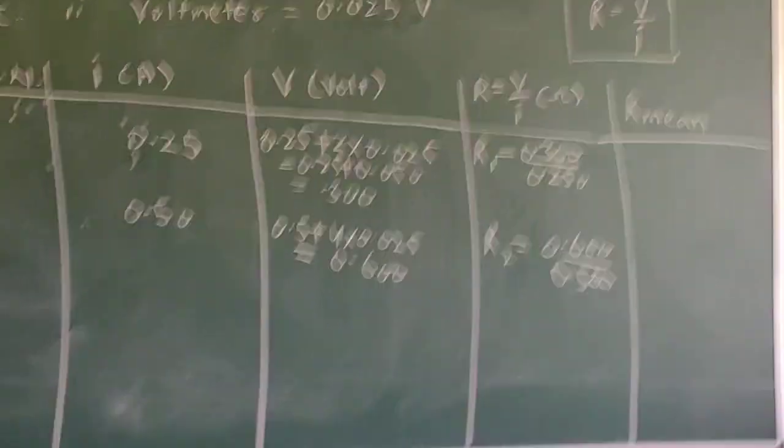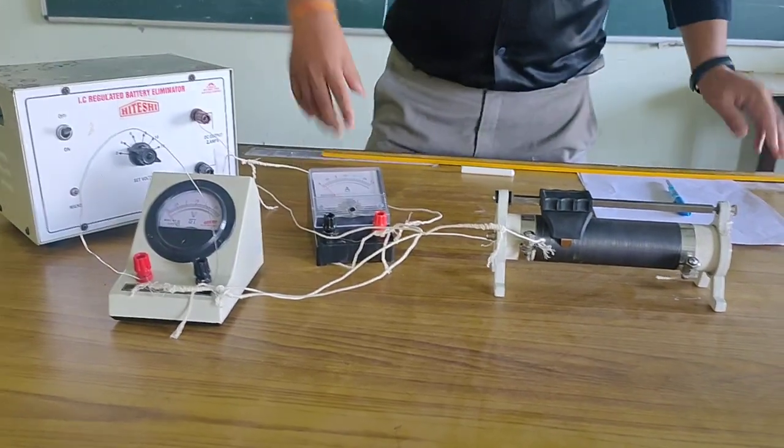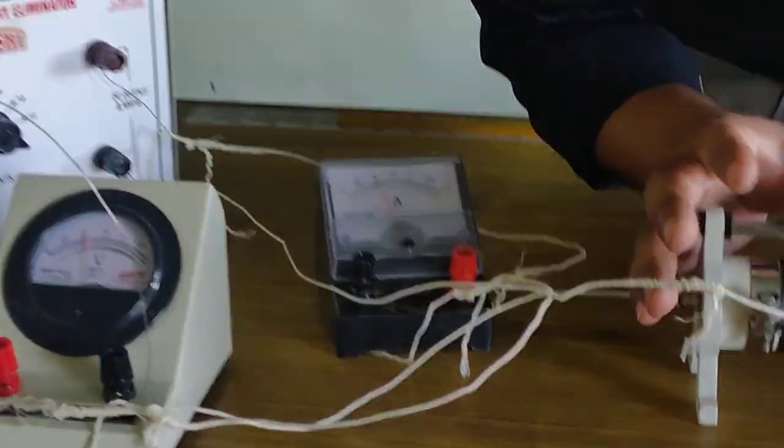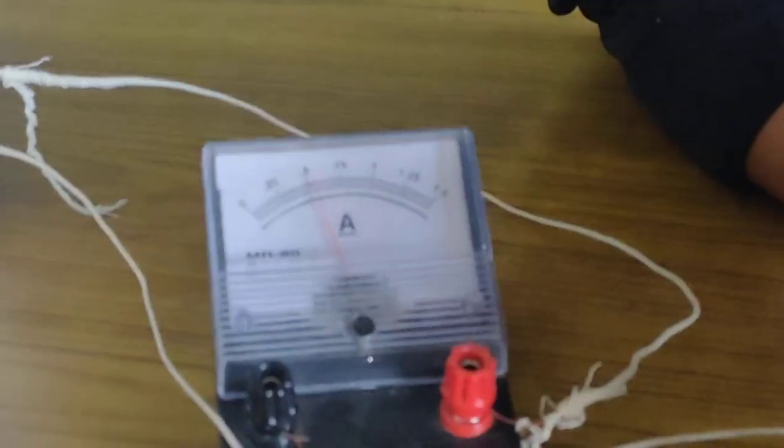Okay, now we are going to take the third reading. See, again switching on the circuit and increasing the current up to 0.75 ampere.